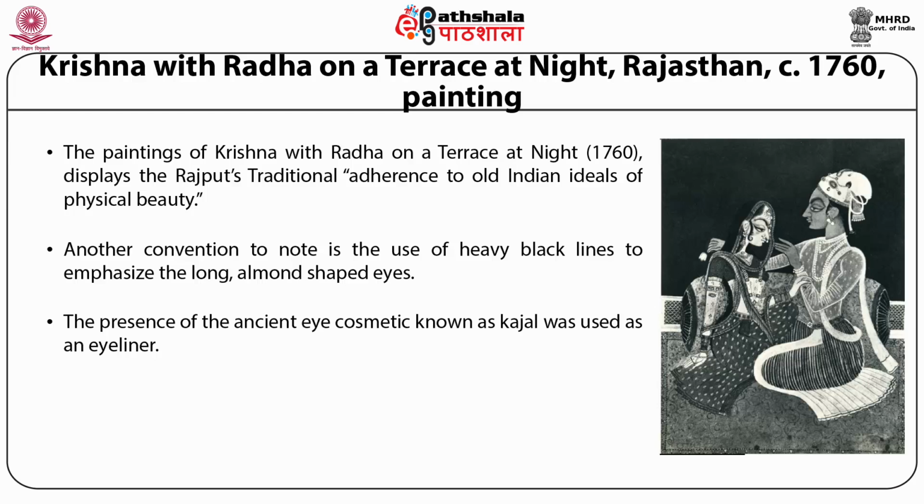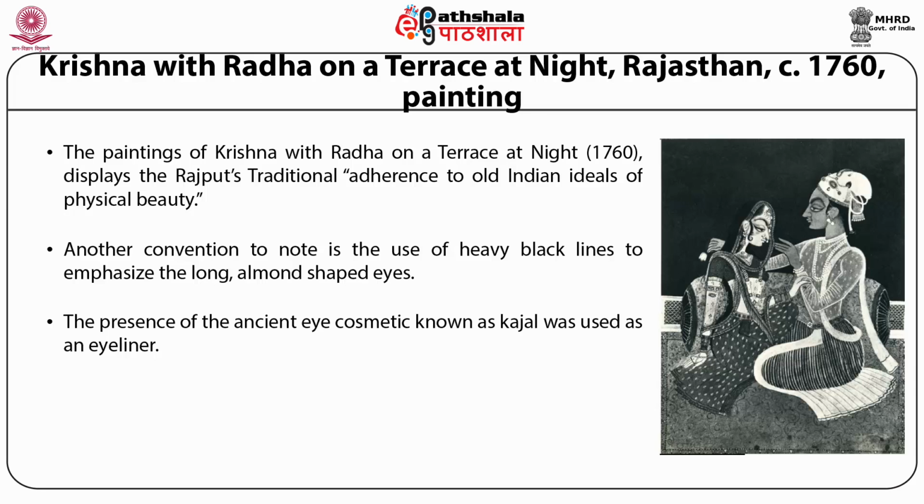This was a thick black ointment made of antimony sulfide that was believed to be a coolant and a protector against the evil eye. As with all aspects of Rajput aesthetics, it is clear that this tradition of makeup continues from India's oldest caste.